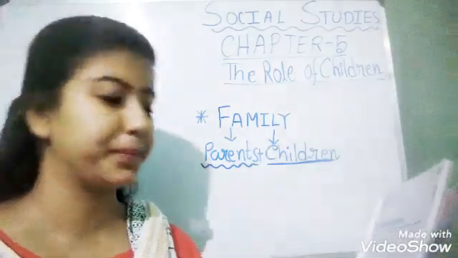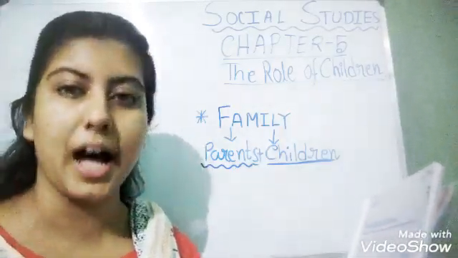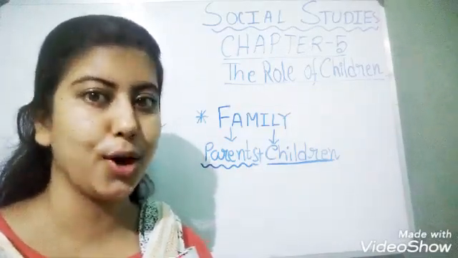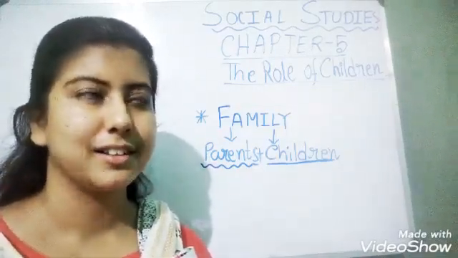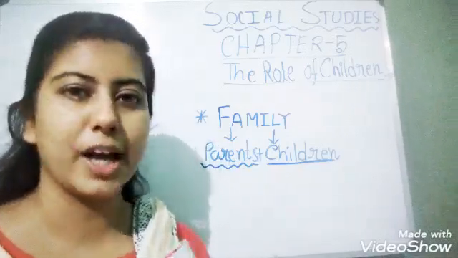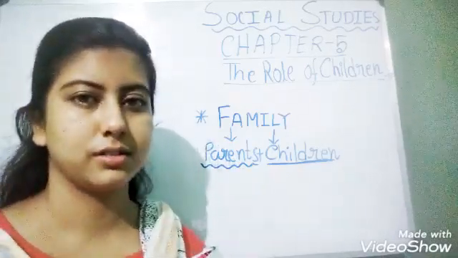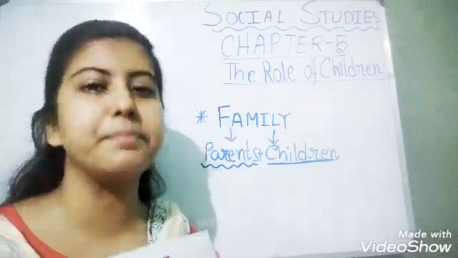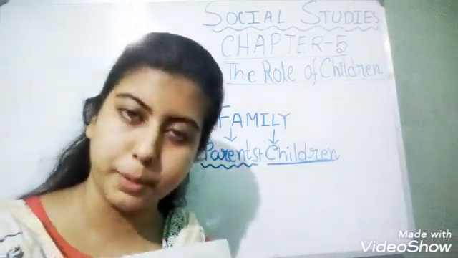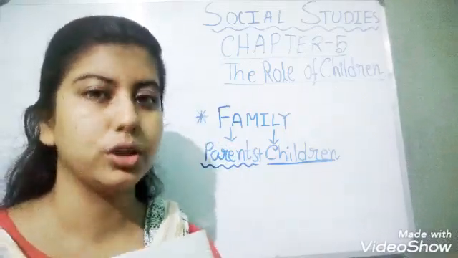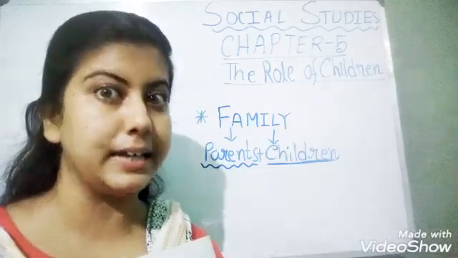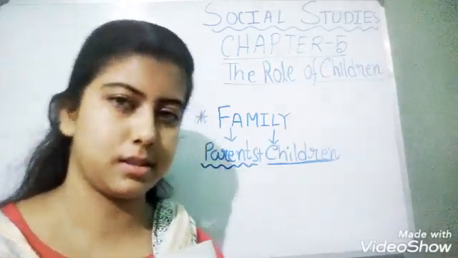Number 2, keep our house clean. We should not put plastics, crayons, books everywhere. We should keep them in their proper places and we should throw the waste materials in dust bins.